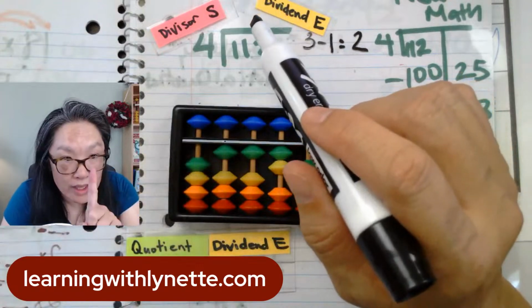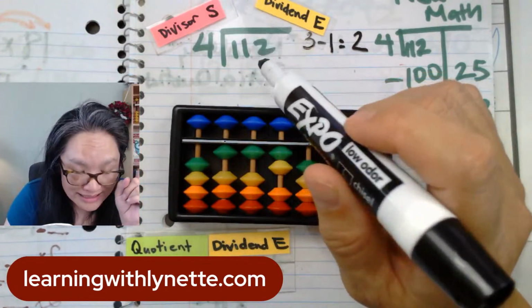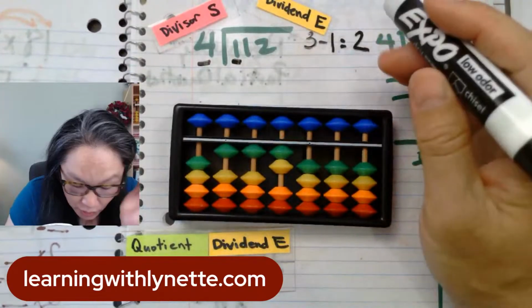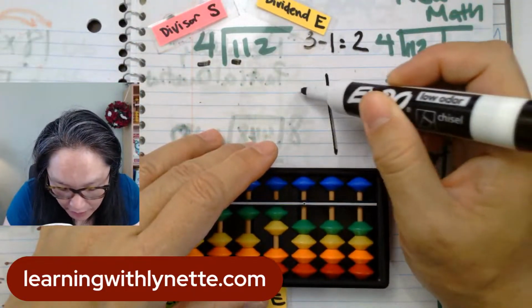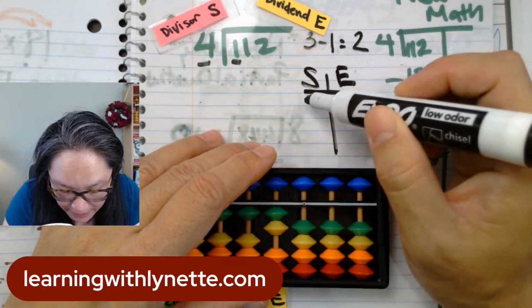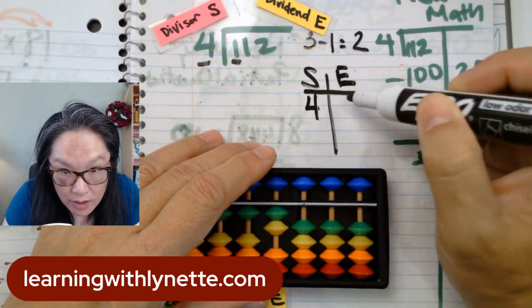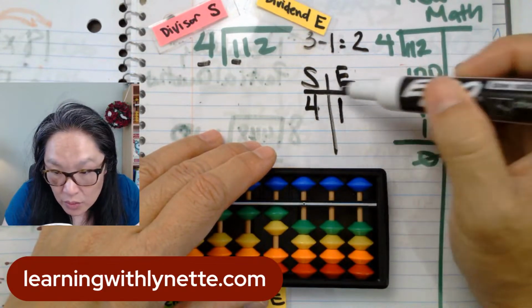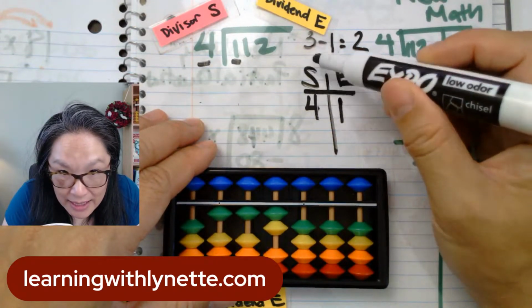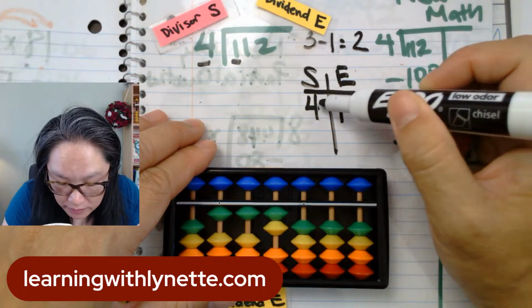We only compare one column, one digit. We only compare apples to apples. When I set up my chart, my divisor is 4. My dividend is 1. Which one is bigger? We know that my 4 is bigger.